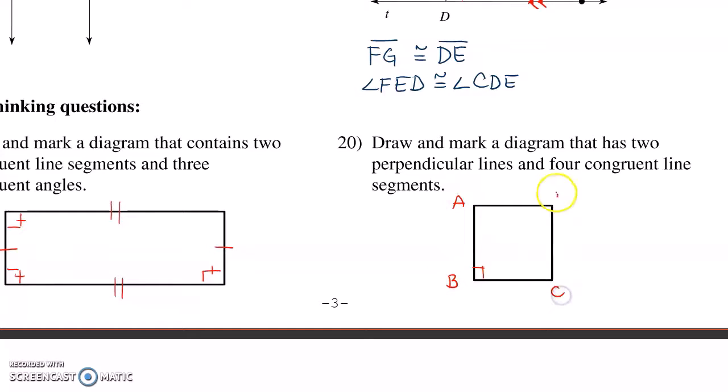And I'm going to label my points this time. So here I'm going to say segment AB is perpendicular to segment BC. And 4 congruent line segments. AB is congruent to BC, is congruent to CD, is congruent to DA.